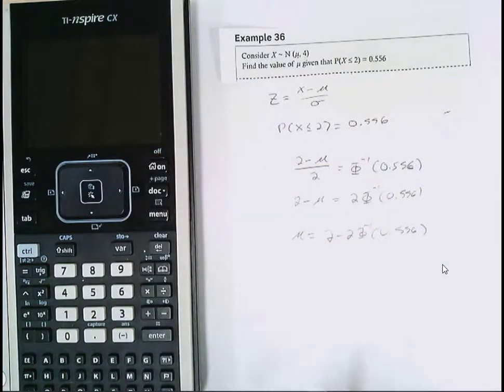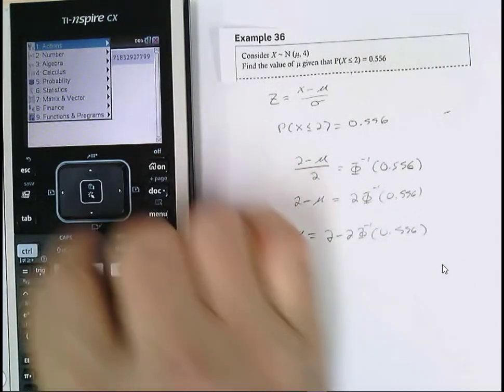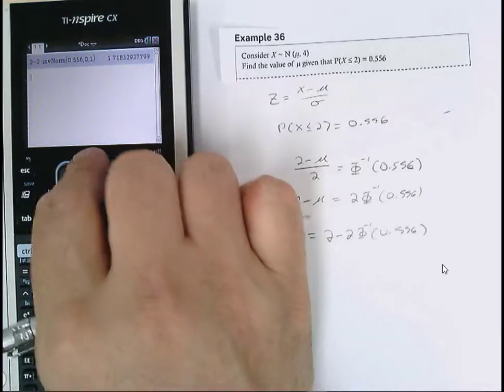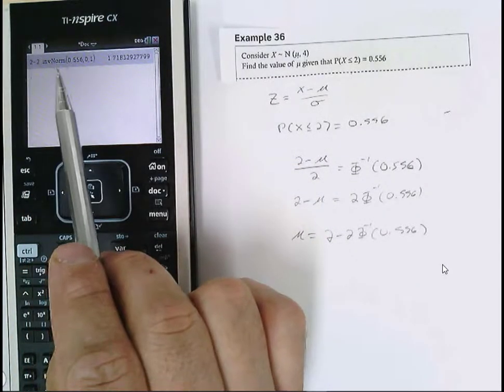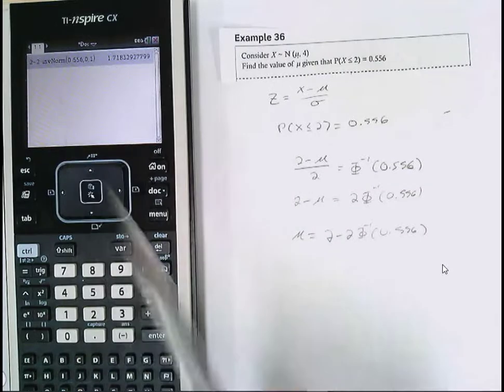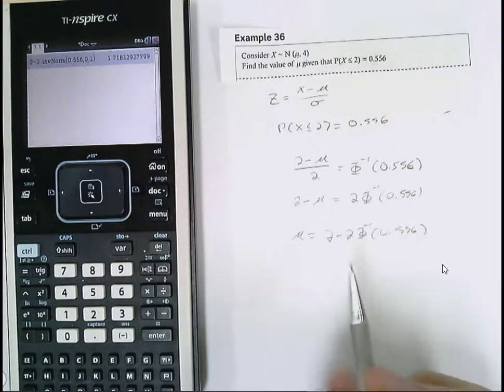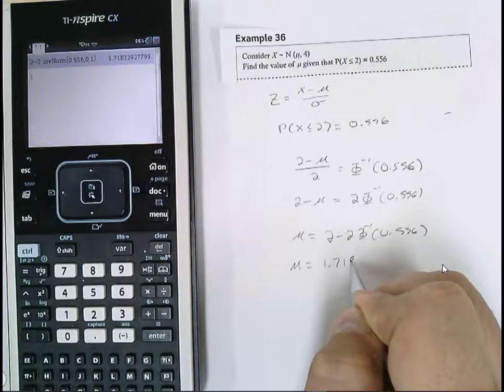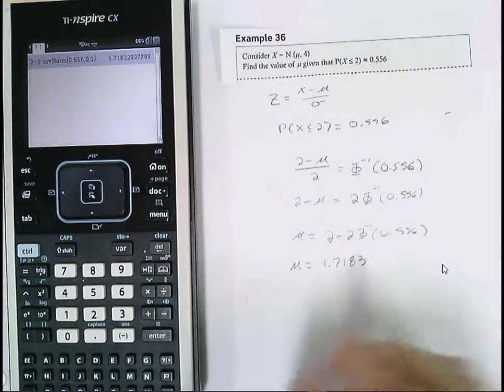Now I can use the calculator to figure out what my mean is, and I pretty much have it already up here for you guys. So it's 2 minus 2 times the inverse normal right here, and that comes out to our mean being equal to 1.7183 approximately, and there you go.